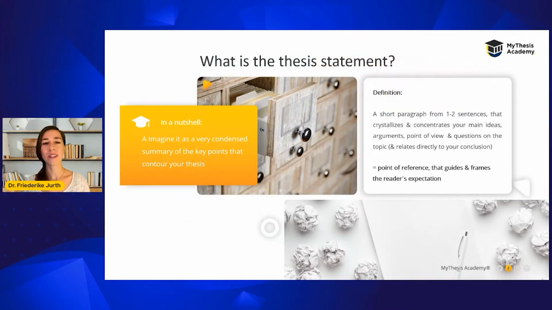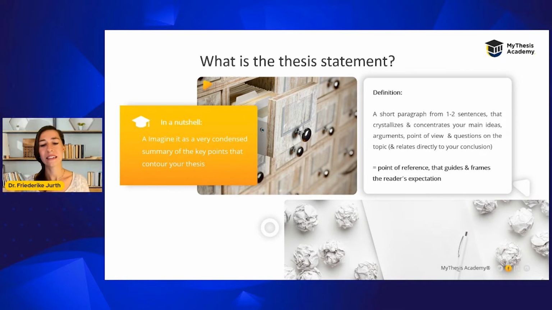Let's start with the question, what is a thesis statement? Well, to explain it in a nutshell, imagine it as a very condensed summary of key points that contour your thesis.